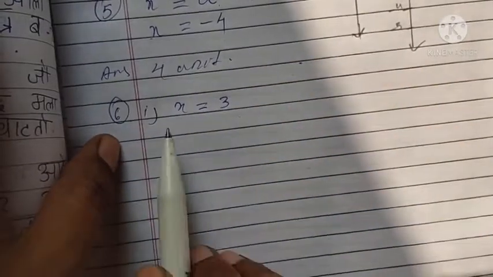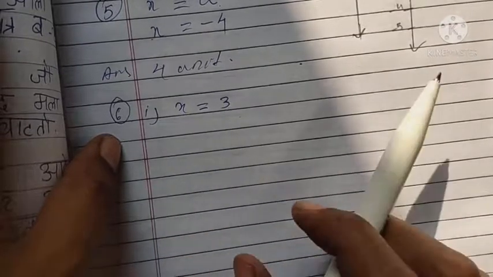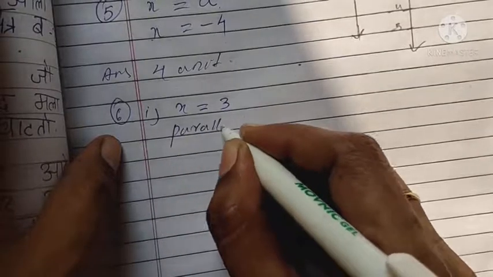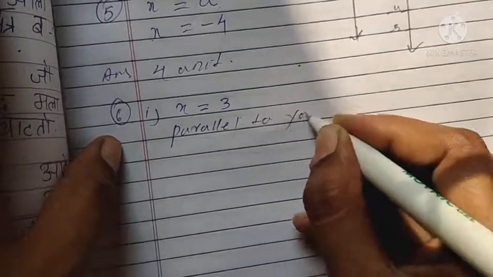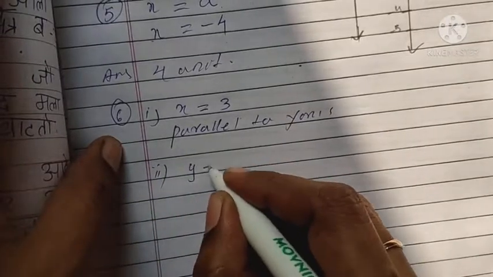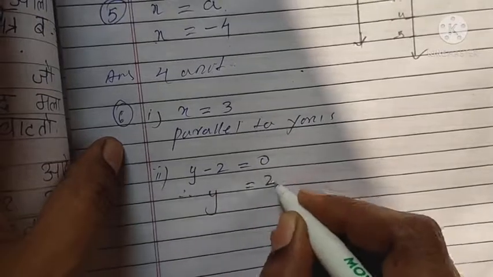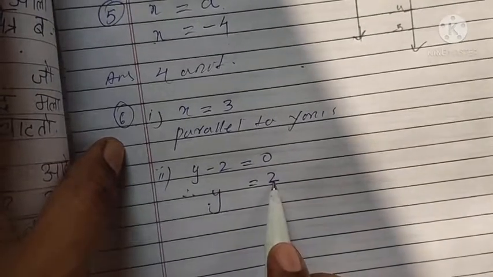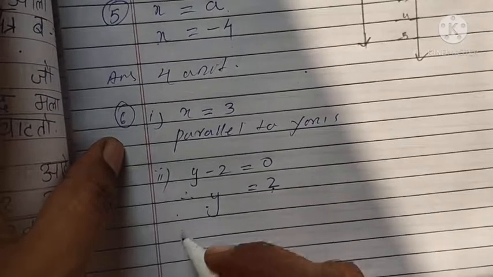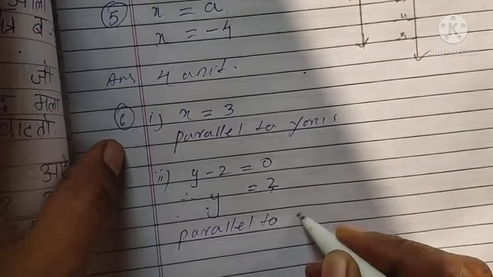As I told you, x is equal to a type of equations are parallel to the y-axis, so your answer is parallel to the y-axis. Now the second is y minus 2 equal to 0, so y is equal to 2. y is equal to b type of equations are parallel to the x-axis. So here the answer is parallel to the x-axis.